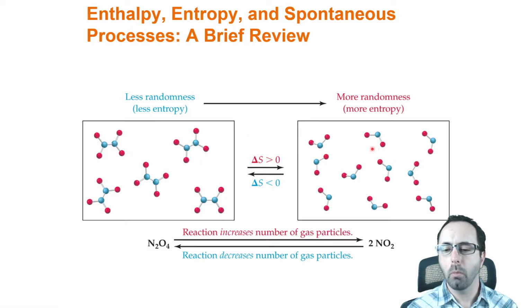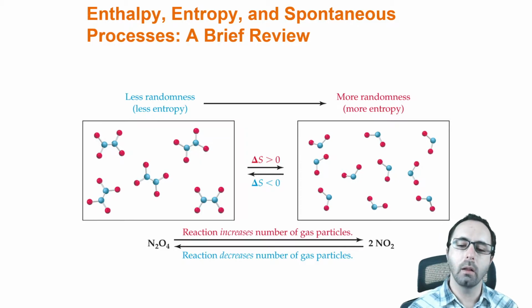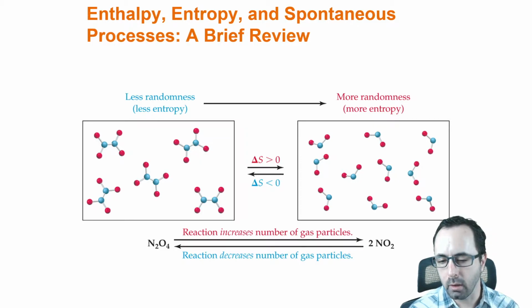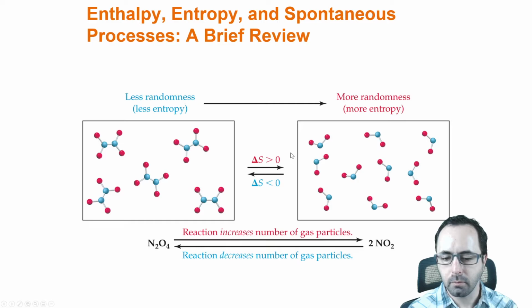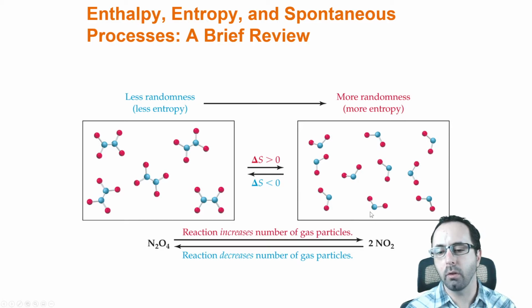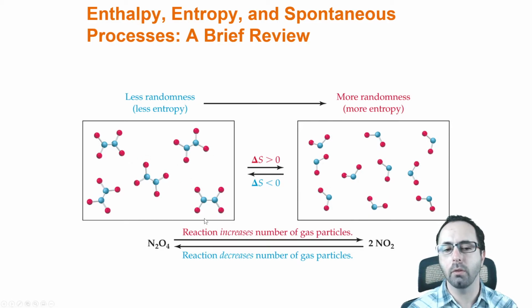And so those molecules have much greater ways of arranging themselves because there's more of them. So when you have a reaction that increases the number of molecules or particles, particularly if those are gas molecules or gas particles, then you will have an increase in entropy. And the opposite is true too. So if you have fewer number of gas molecules, you'll have less entropy.